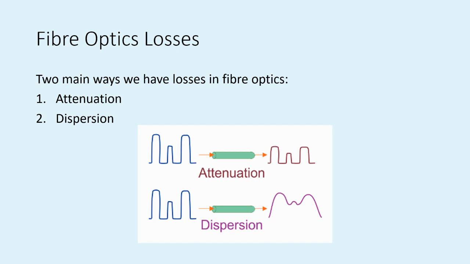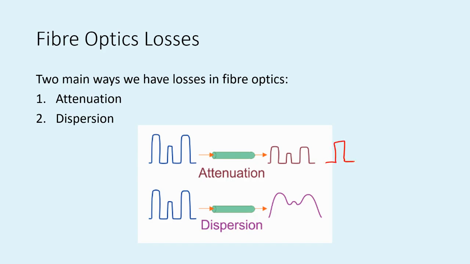Okay, so let's talk about different types of losses. There are two main types, attenuation and dispersion. Attenuation is where, as we've already seen, the power of the signal is decreasing, which makes it harder to distinguish between zeros and ones. Remember that all of our signal is digital because we are sending light pulses.